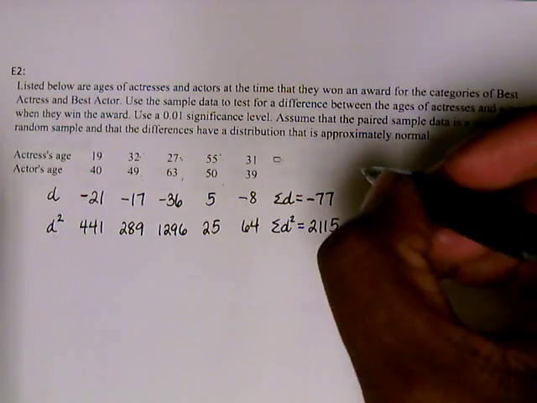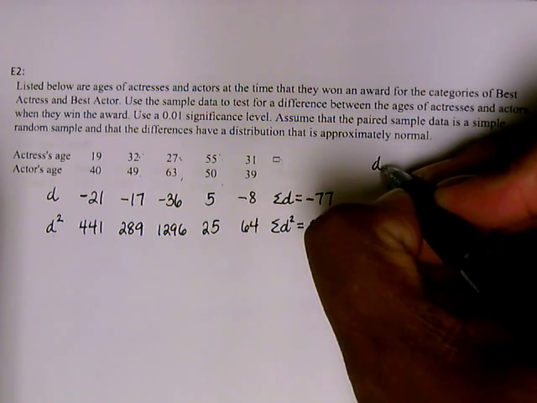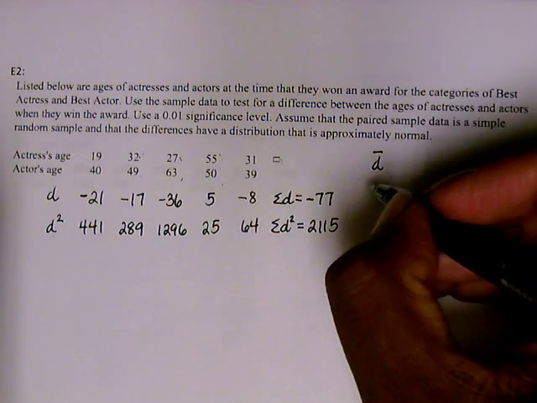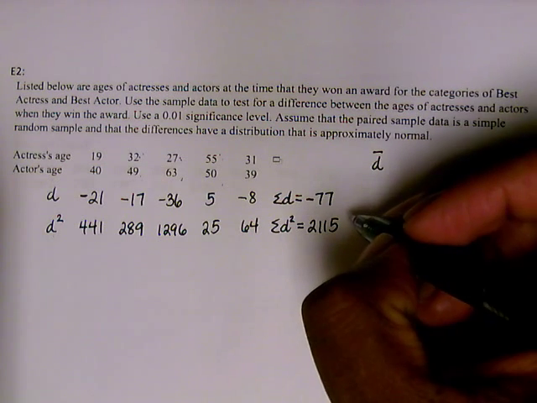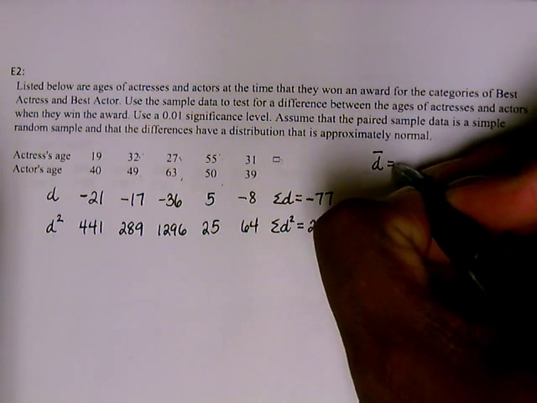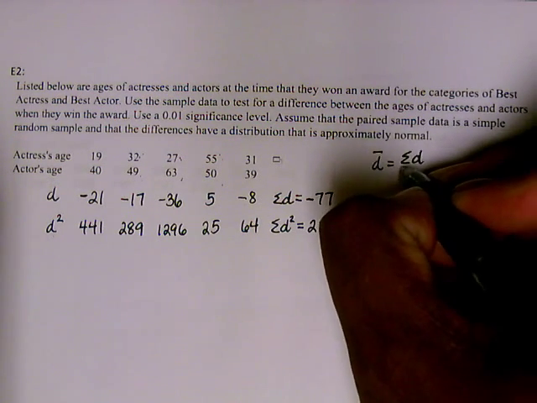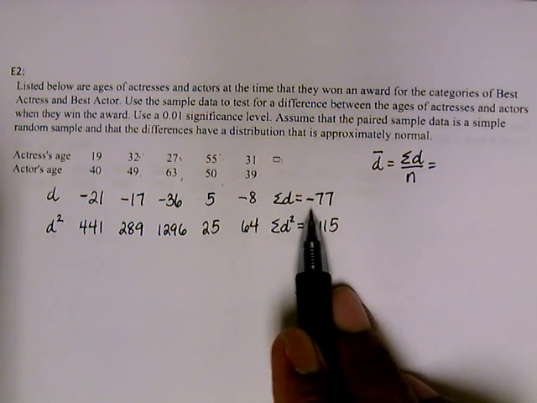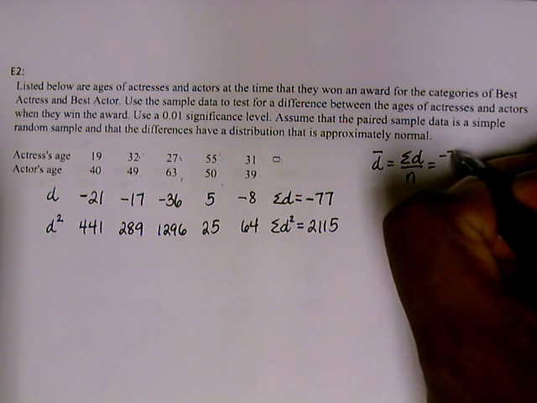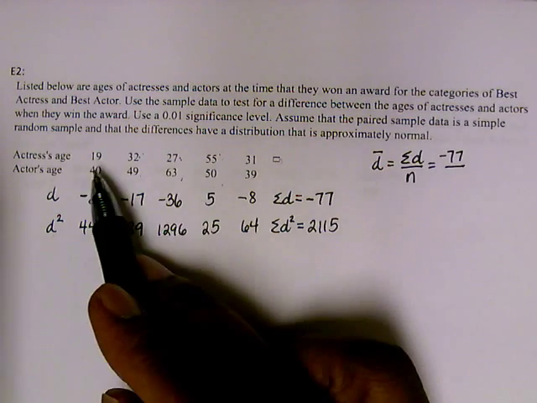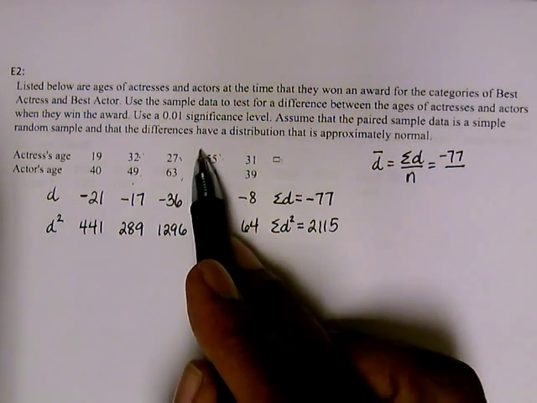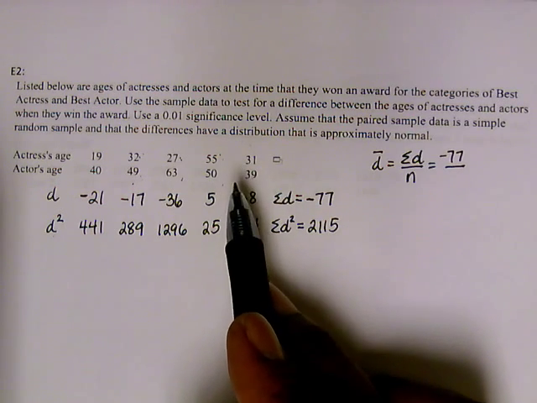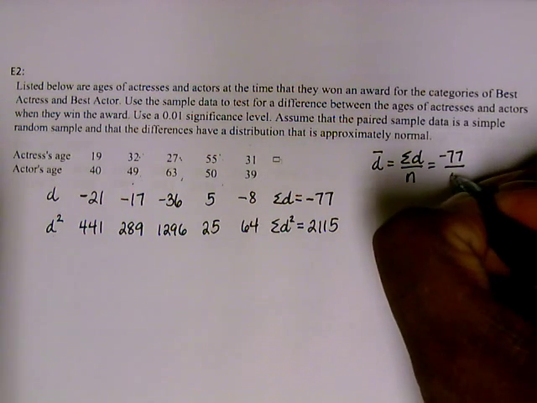Okay. Now I need to find out what d bar is going to be. D bar is the mean of all the differences for that sample, and that's the sum of your d's divided by n. The sum of your d's was negative 77. And in this case, you got 1, 2, 3, 4, 5 paired data.